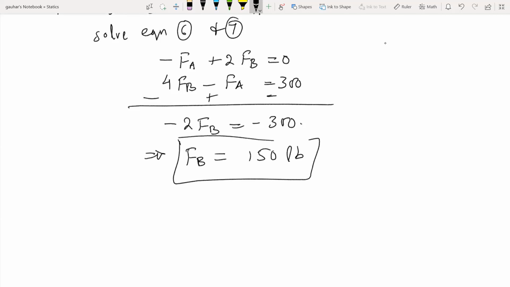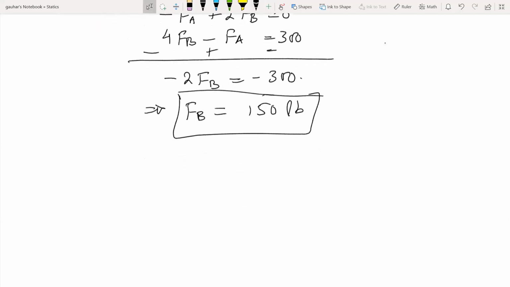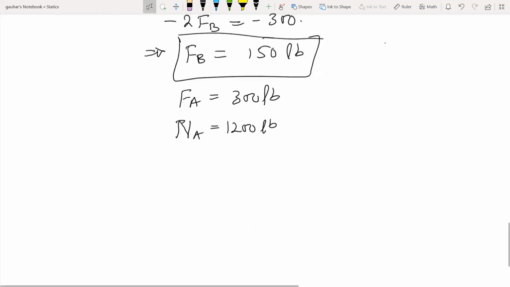After you are done with one unknown, the rest is easy. Just put in the values in the equations, and you can find out the rest of the unknowns. Okay, so F sub B equals 150 pounds. You get F sub A, it will be 300 pounds. N sub A will be 1200 pounds. N sub B equals 600 pounds.